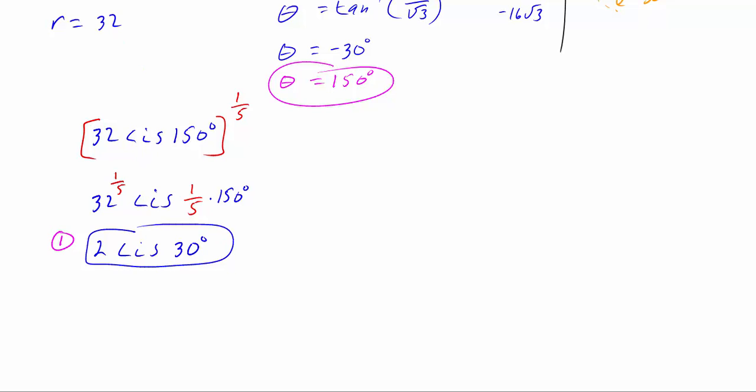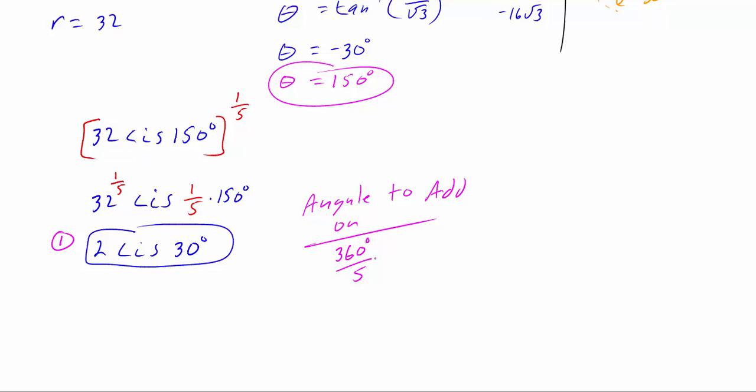Now, once we get to this point, just like the previous example, we need to figure out what angle we need to add on. And again, that means we're going to take 360 degrees and divide that by the number of roots, which in this case is n equal to 5.